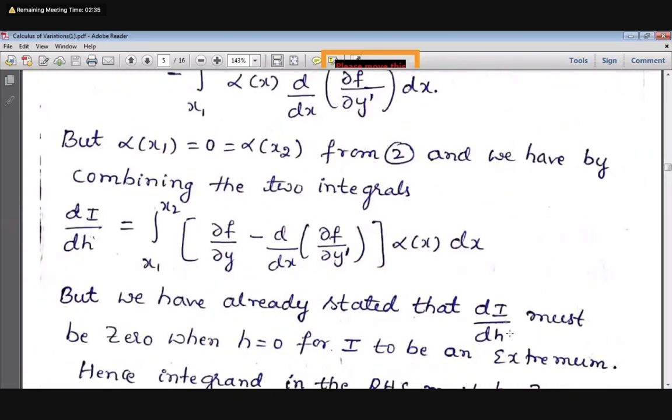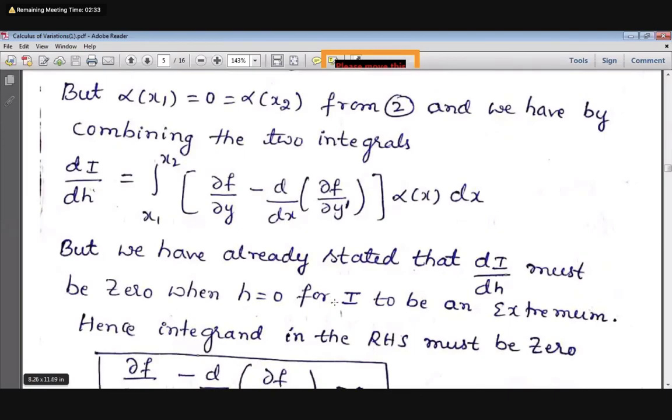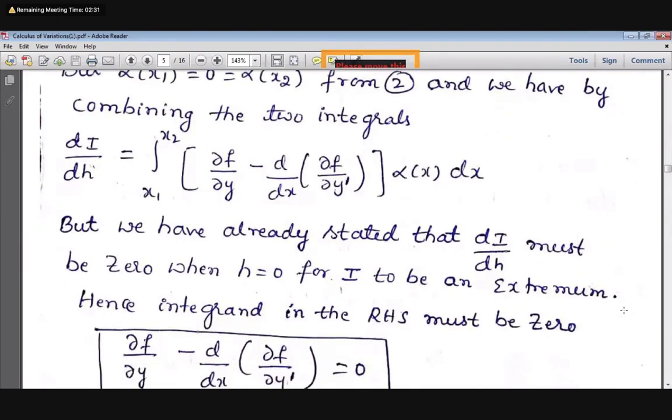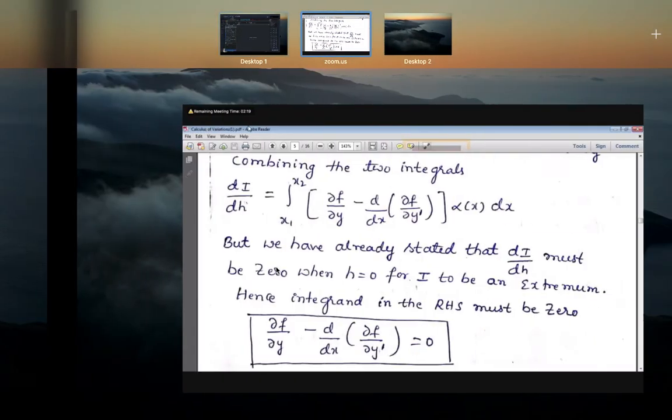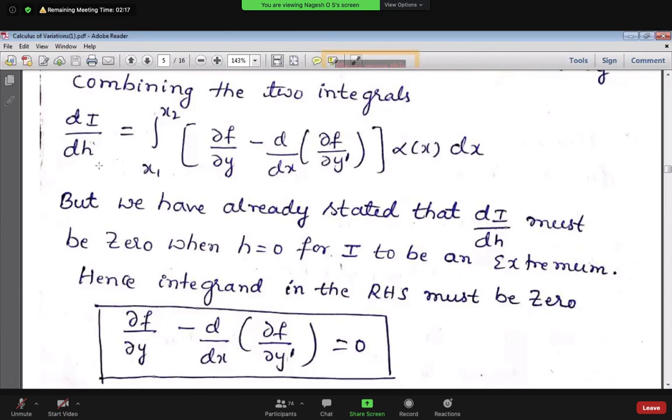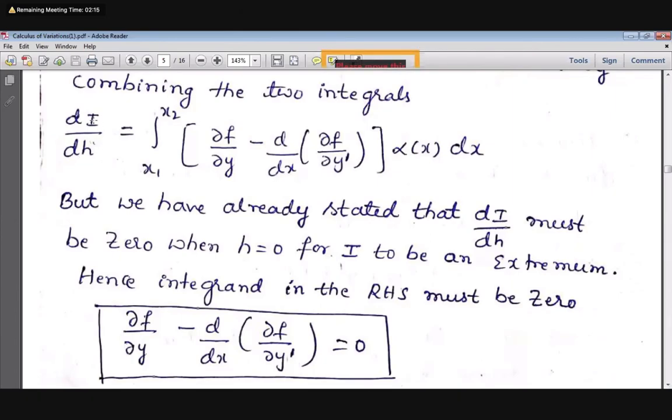Already stated that dI/dh must be 0 for I to be an extremum. Hence in place of this write 0.